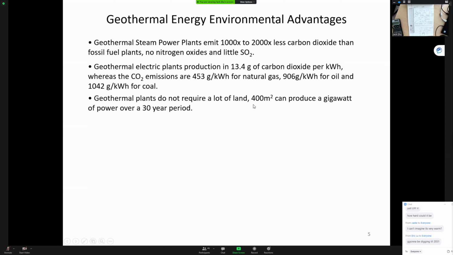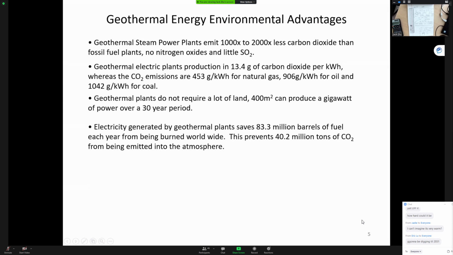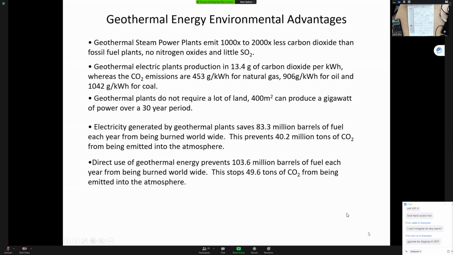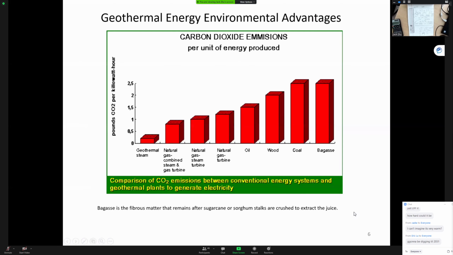Also, they don't require lots of land. 400 square meters can produce gigawatts of power. And also they can stay online for a longer time. They don't have lots of shutdown time. By comparison, geothermal will have the lowest CO2 emission.